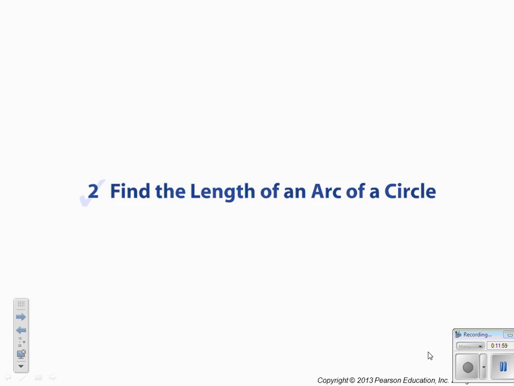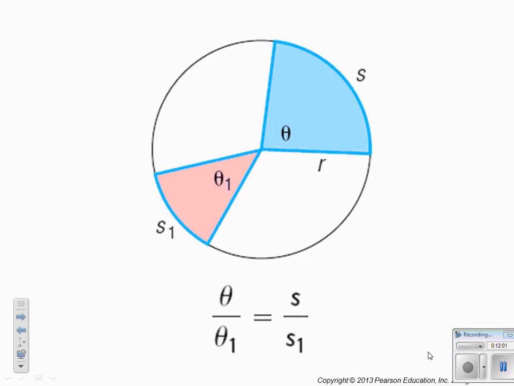Okay, arc length of a circle. So the S part here is the arc length of the circle. This little sector has, this is the arc length of just this section of the circle. This little section has an angle of theta and a radius of r.